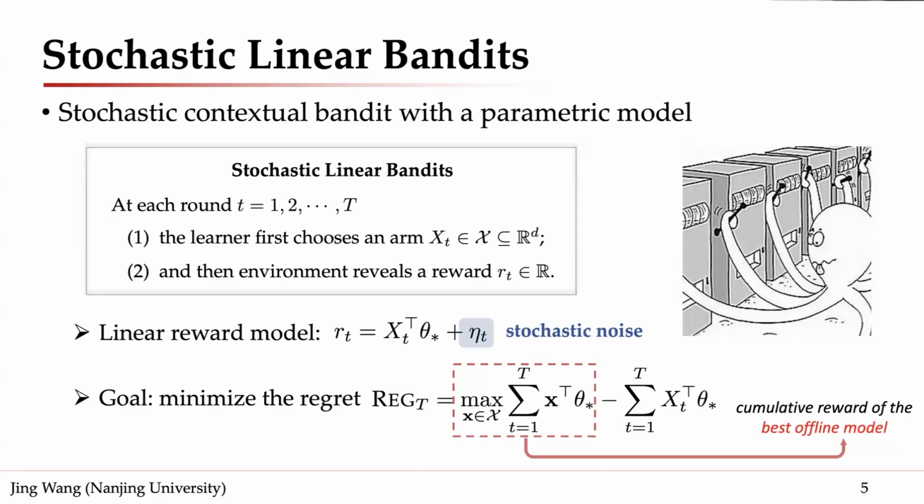I understand. So you mean the theta star here could be a heavy-tailed random vector? I think it doesn't exactly correspond to theta star being heavy-tailed.